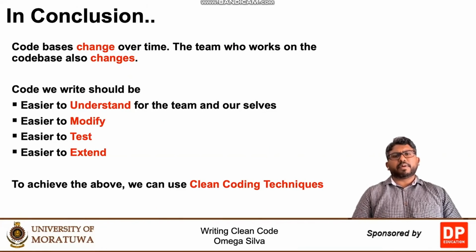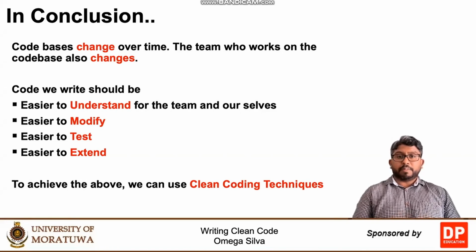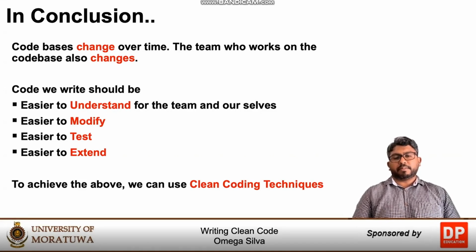So let's summarize what we learned so far. We understood that code bases change over time. We also understood that the developer teams who work on code bases also change over time. And the code we write should be easy to understand, not only by the team members, but by the authors who wrote the code, easier to modify, easier to test, and easier to extend.